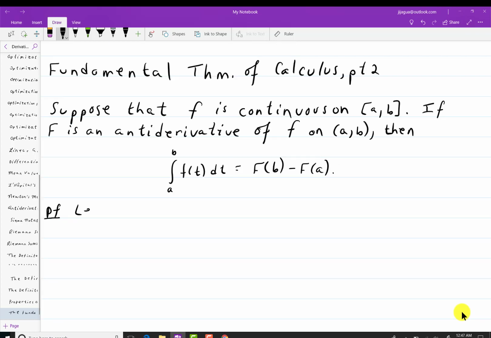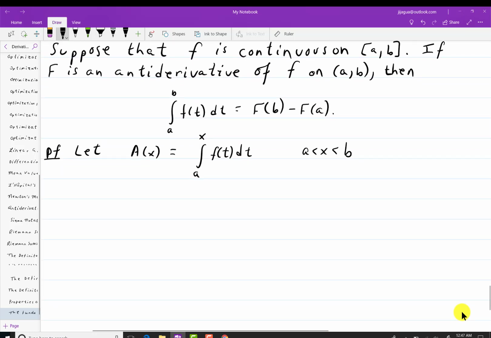Proof. Let capital A of x equal the integral from a to x of little f of t dt, and x I'm going to force to be between a and b, so on the open interval a to b.